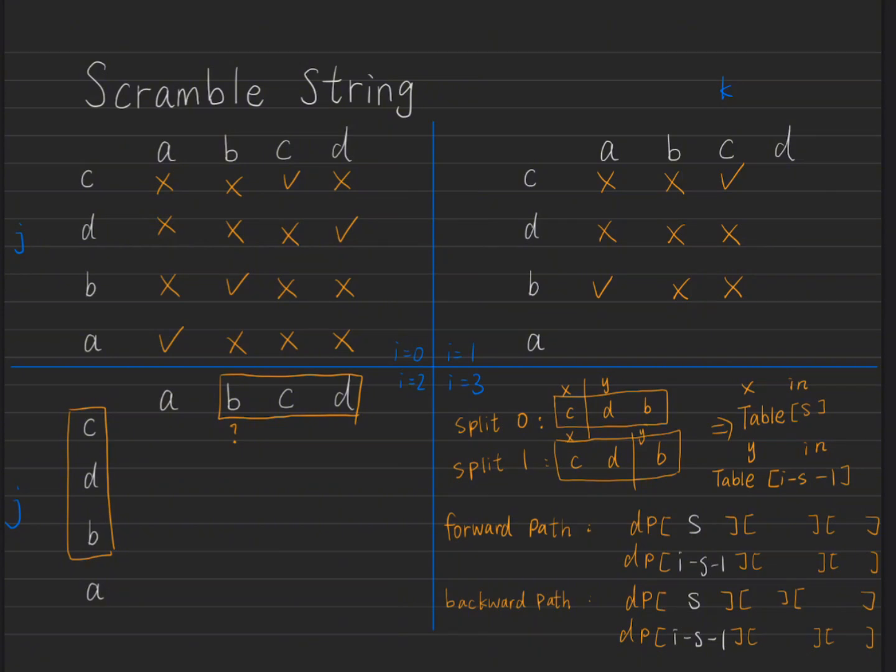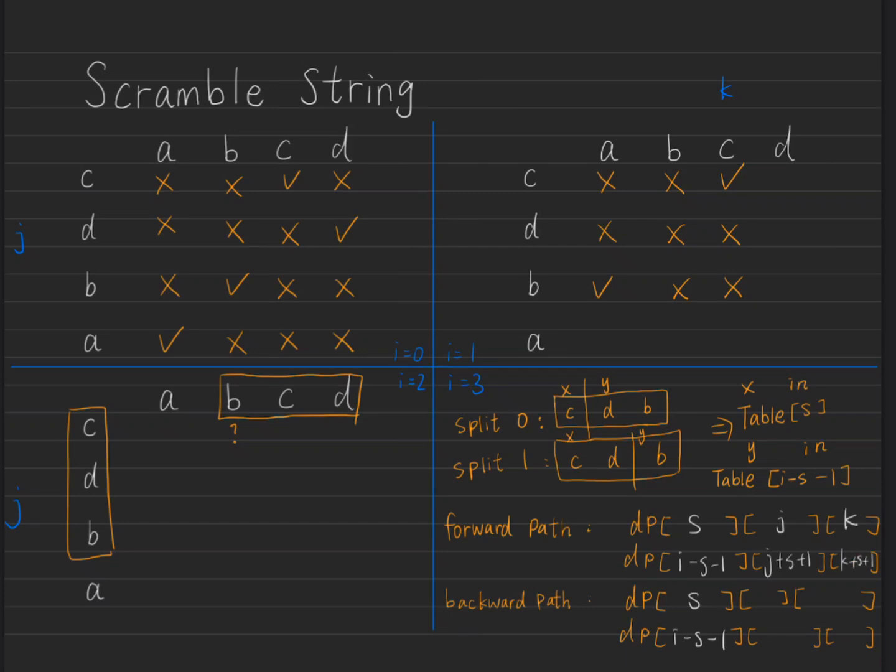First, we need to check if X is equal to X prime in their original order. So that's the original index. Then we'll check if Y is equal to Y prime. And that starts at the original index plus the split index plus the offset. So it would be j plus S plus 1 and k plus S plus 1.